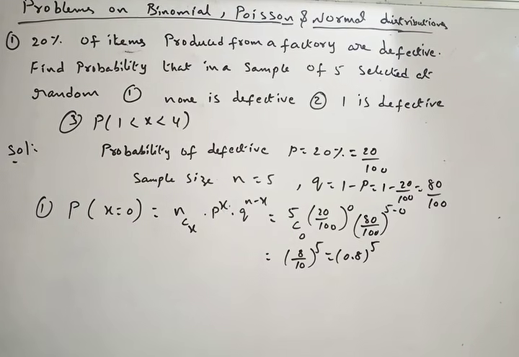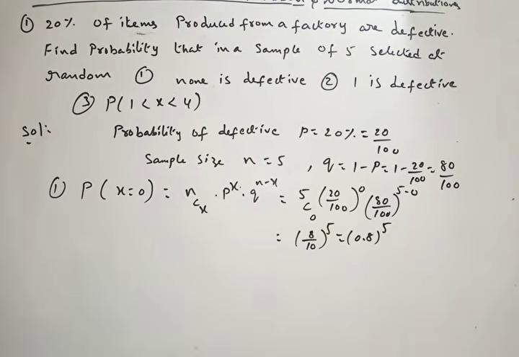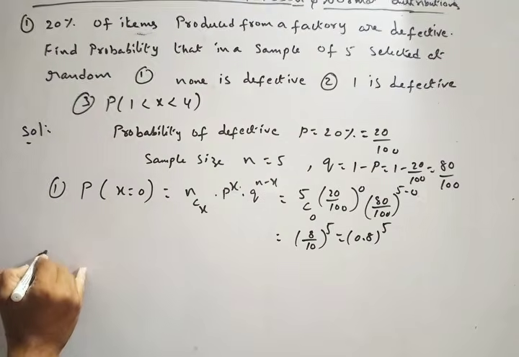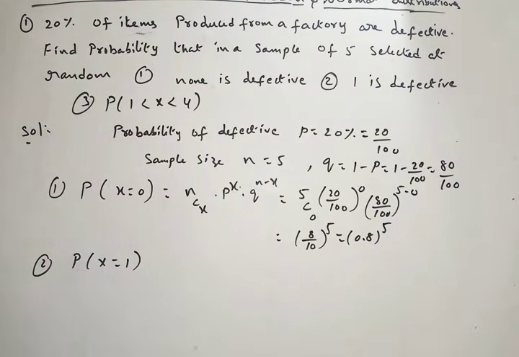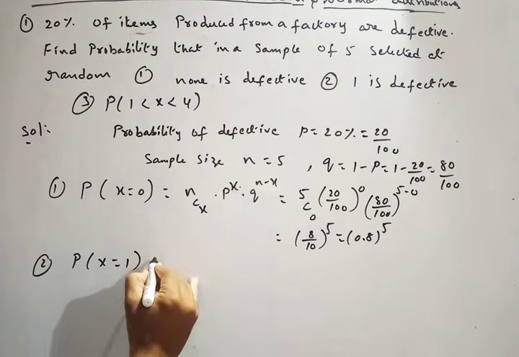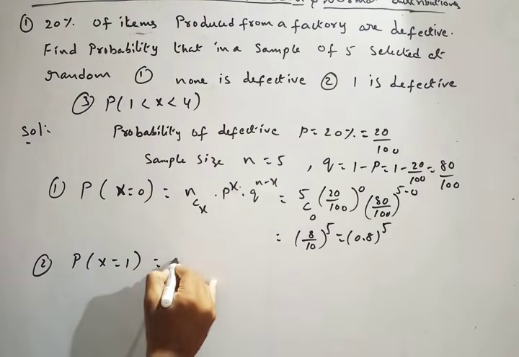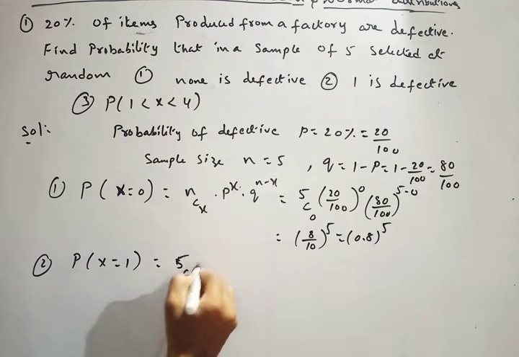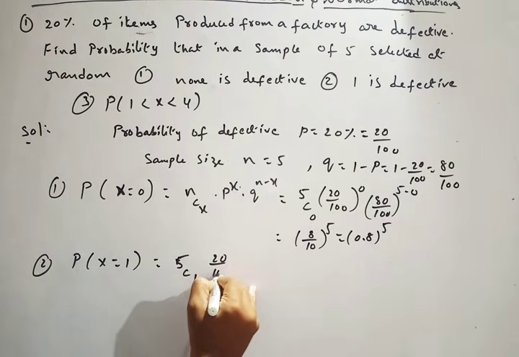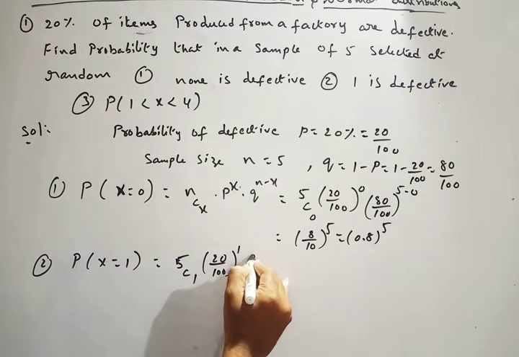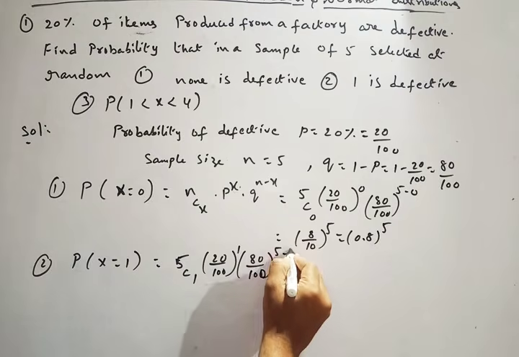Understood? Next, the second bit he is asking is that 1 is defective, so P of x is equal to 1. What is the formula? 5C1, p power 1, where p is 20 by 100 power 1, and q is 80 by 100 power 5 minus 1.